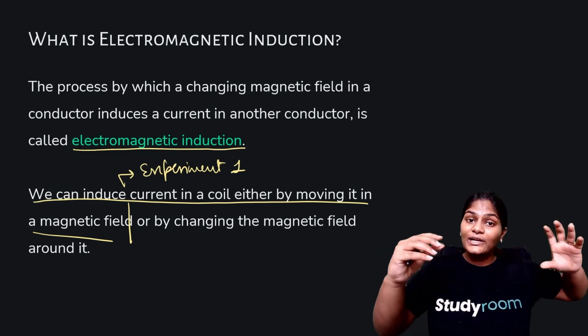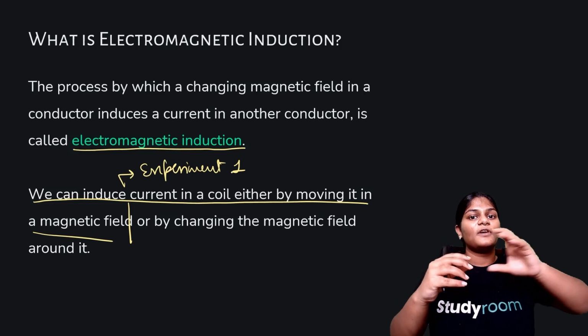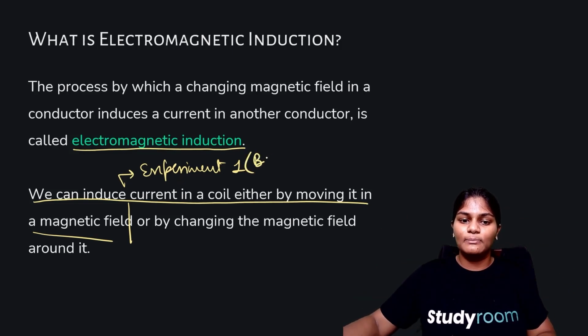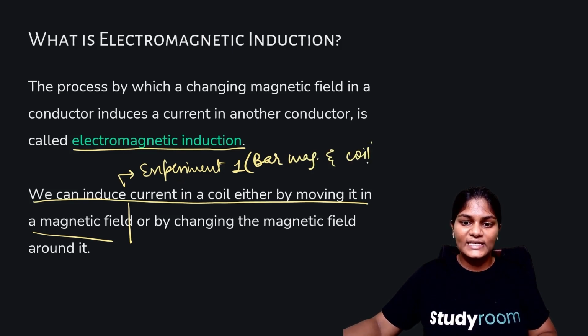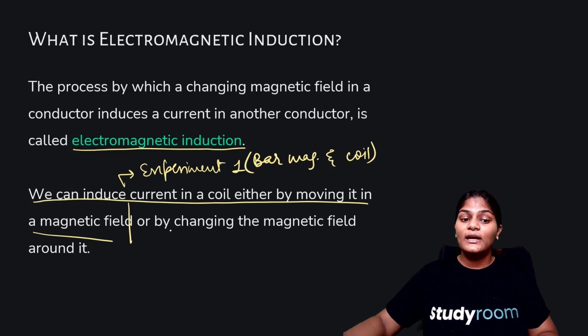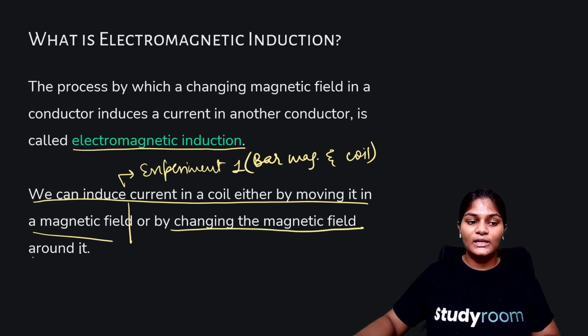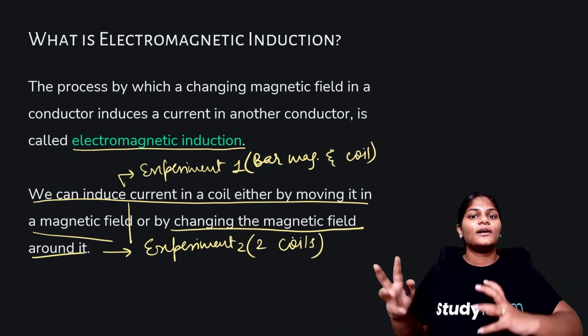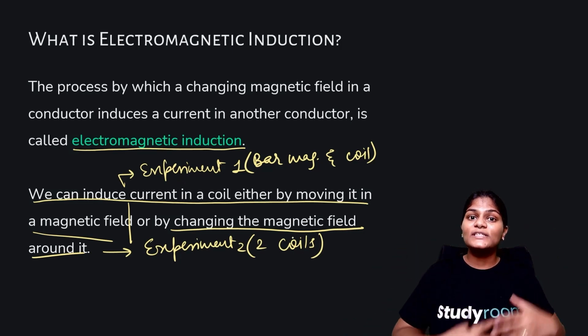So we are moving it closer and farther in the magnetic field. That is what we were doing in experiment 1 with the bar magnet and coil, Faraday's experiment. And by changing the magnetic field around it, you can explain with experiment 2, the two coils.